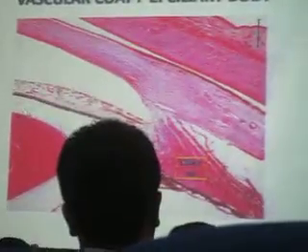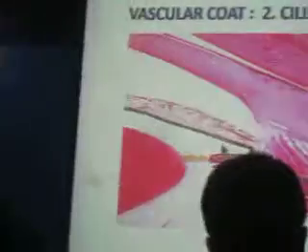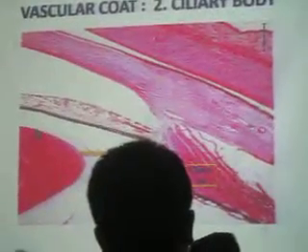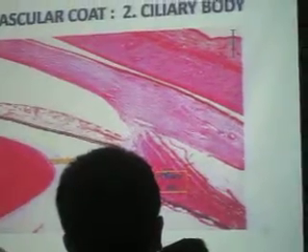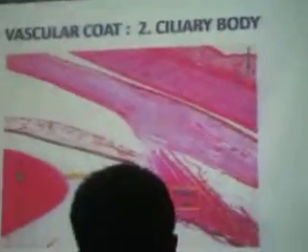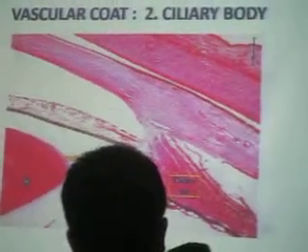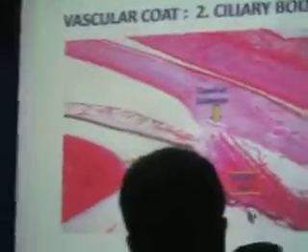The fibers are going this way, and this way. So that when you relax, you will lessen the pressure onto the thickness of your lens. Hence, with the contraction of this, you have thickening of your lens. Okay? Contraction of ciliary muscle, relax the zonular fibers, hence you'll have your thickening of the lens. Okay.